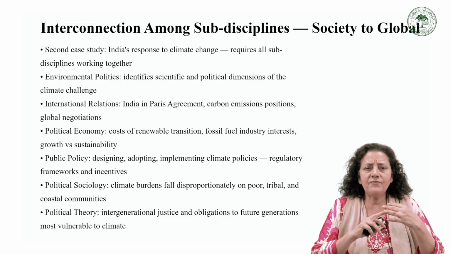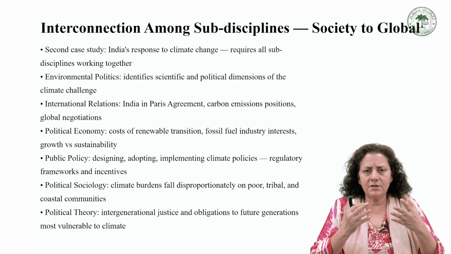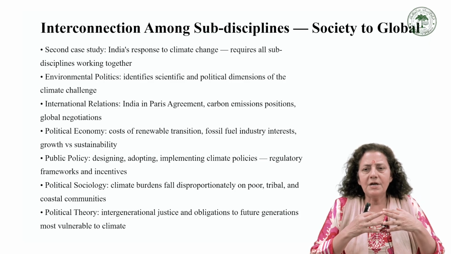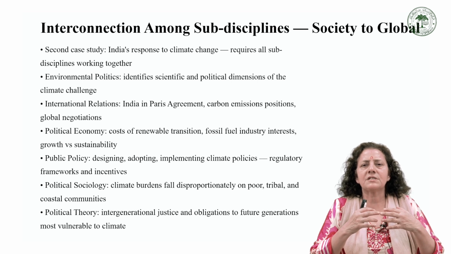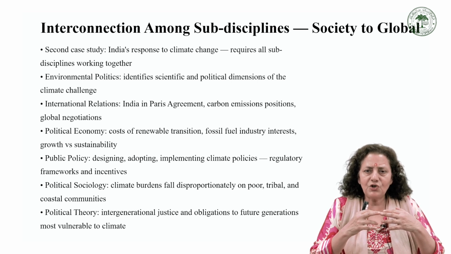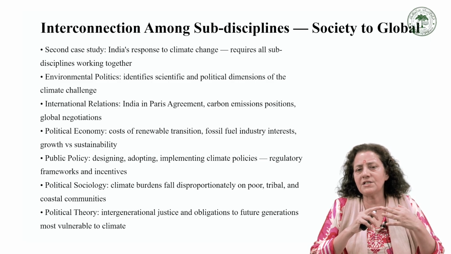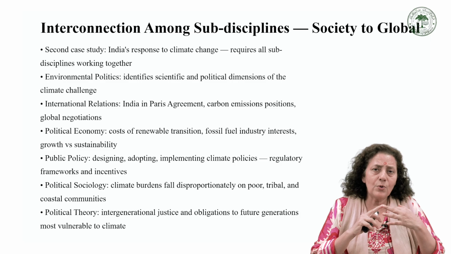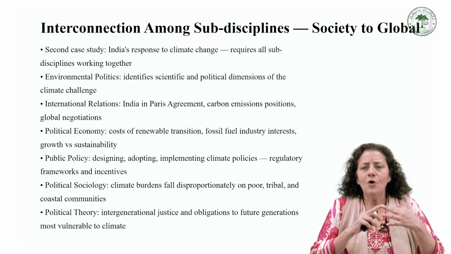What regulatory frameworks, financial incentives, and institutional arrangements are needed? Political sociology highlights the social justice dimension of climate change, how environmental burdens fall disproportionately on poor and marginalized communities, including tribal peoples, coastal fishing communities, and farmers in drought-prone areas.